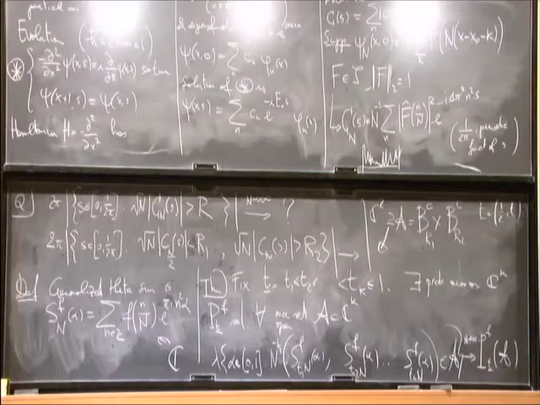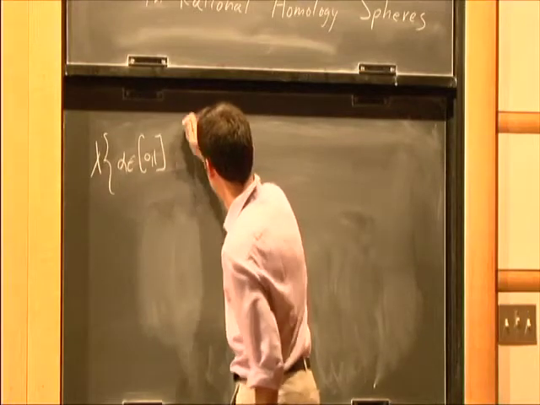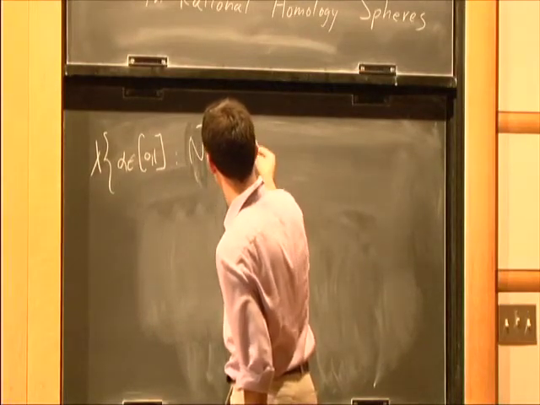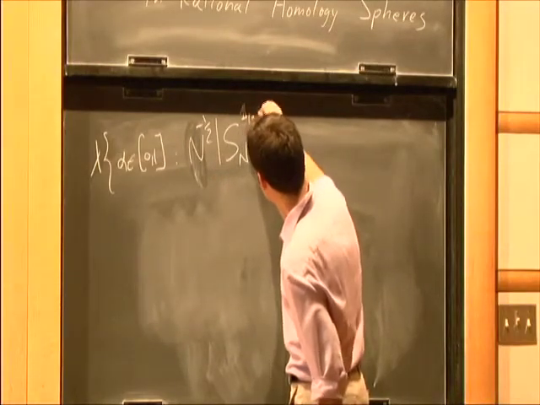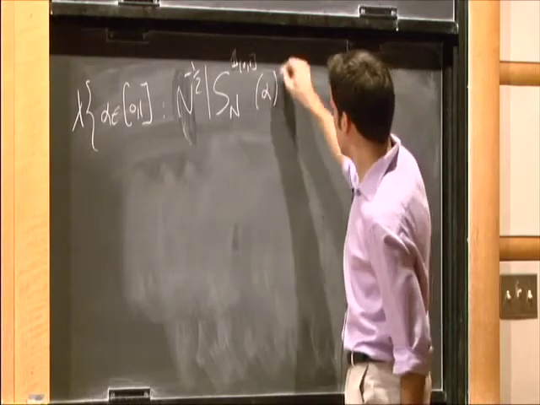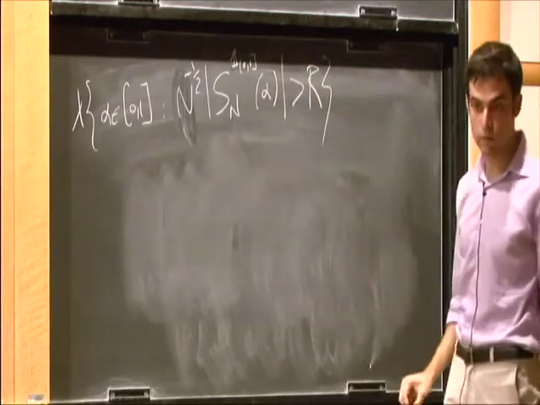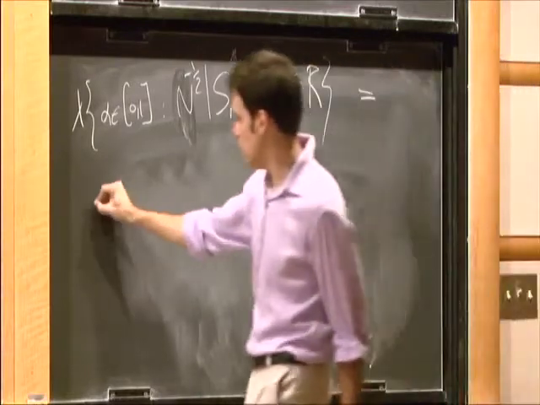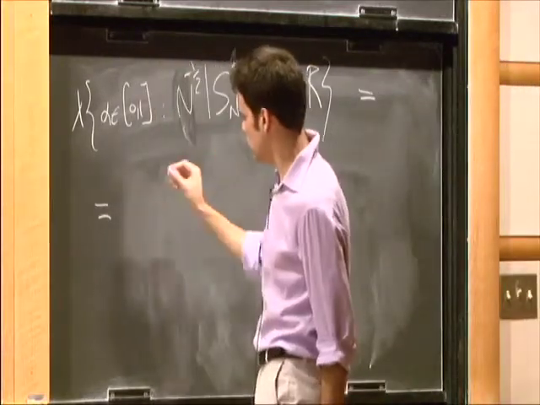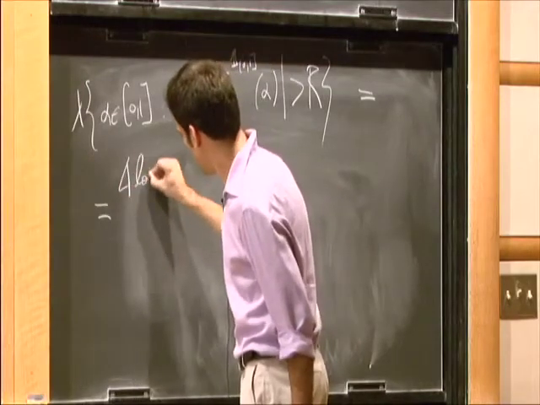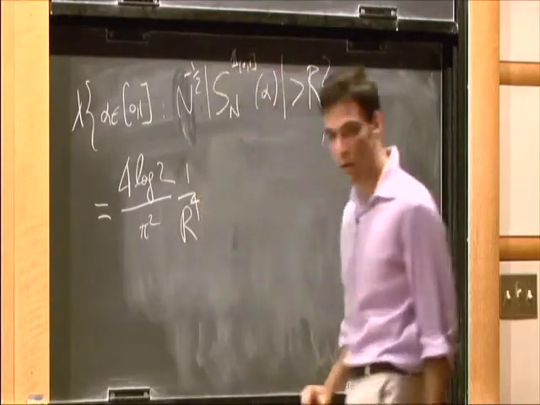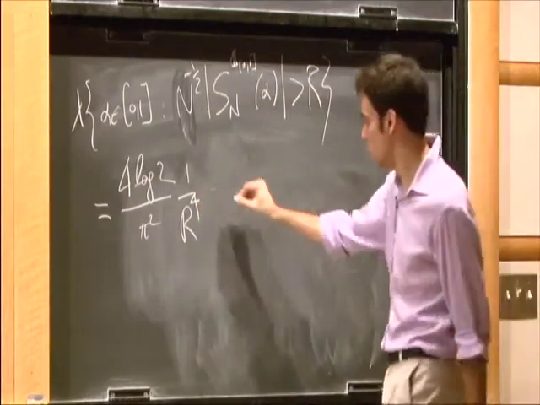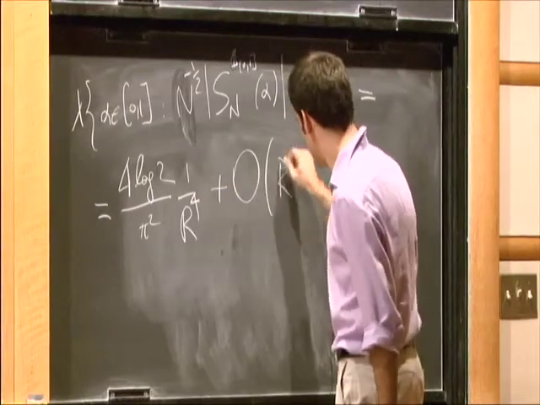If you look at the measure of those alpha in [0,1] such that, dividing by square root of n, the sharp cutoff sum S_n is bigger than r, that is equal to some constant, which is 4 log 2 over pi squared, times 1 over r to the 4. So this already tells you that it is not Gaussian, plus big O of r to the minus 6.